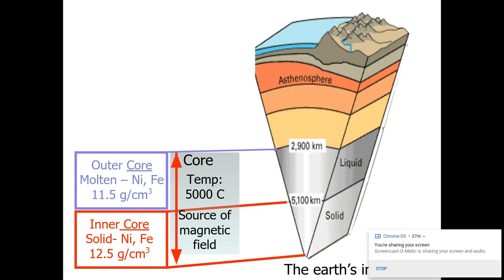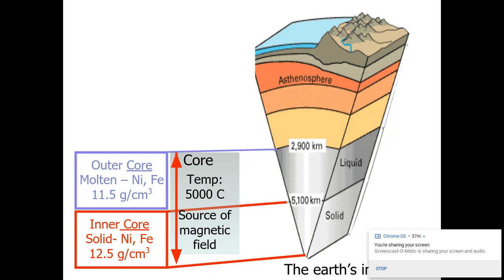And this is the source of what we call the magnetic field. These are the magnetic belts that surround the Earth and protect the Earth from cosmic rays and material that emanate in space. Later on, when we move to plate tectonics and meteorological processes, we'll spend more time looking at the source of the magnetic field.